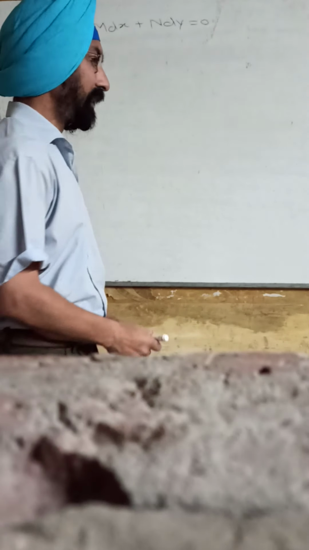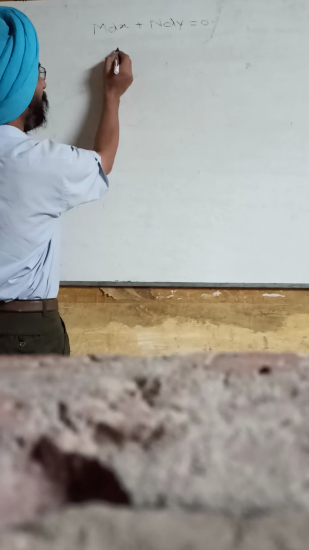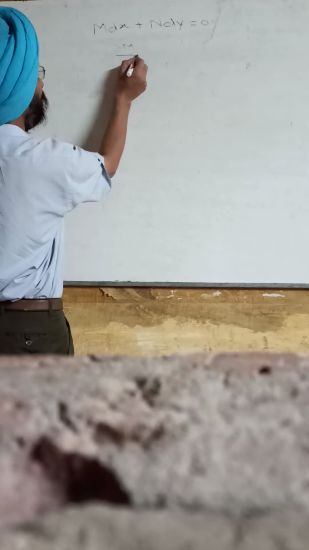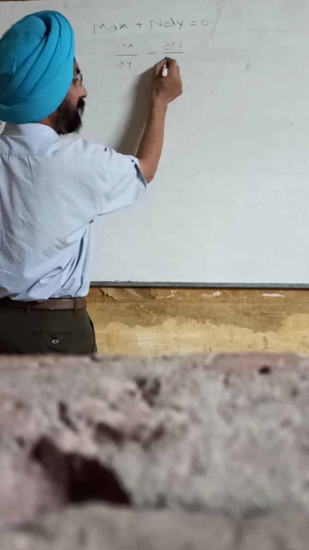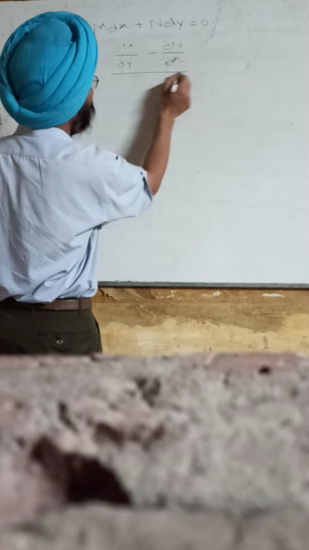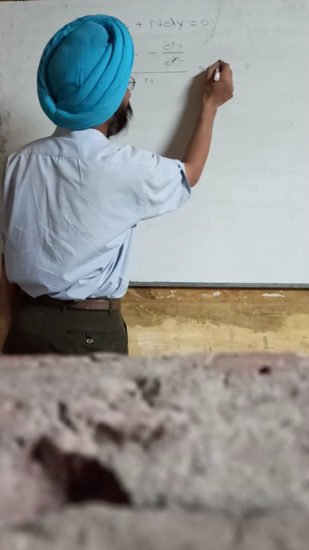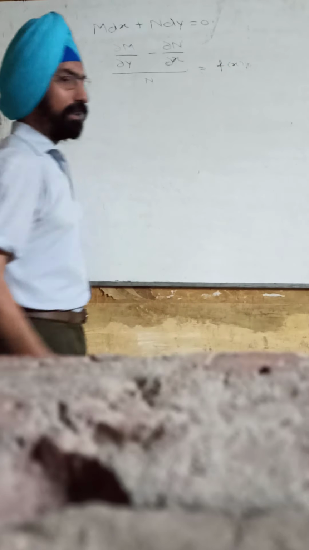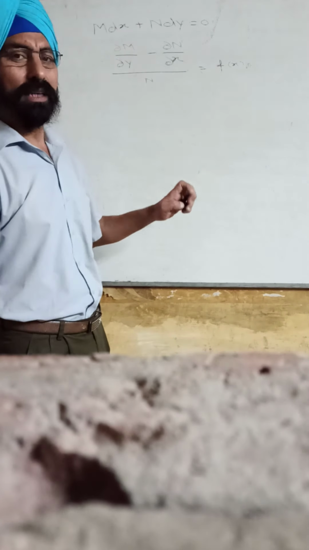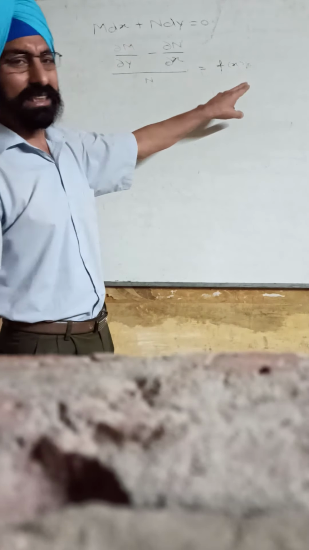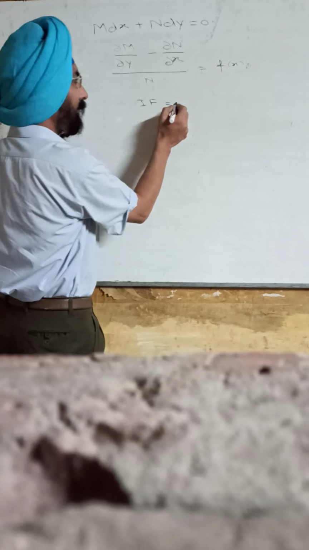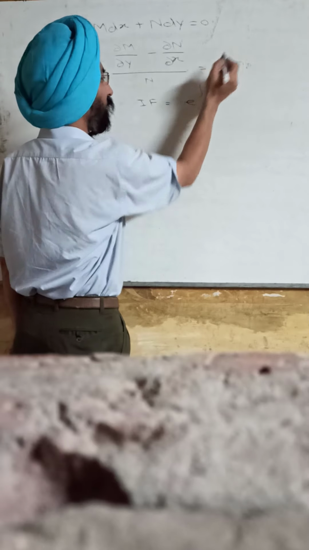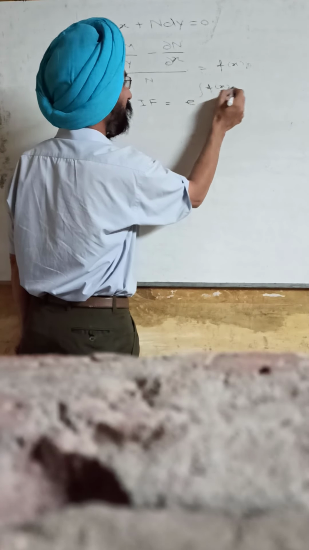We will check if curly m by curly y minus curly n by curly x, divided by n, is a function of x only, containing no y. If such a case is there, the integrating factor will become e raised to the power integral of this f(x) dx.